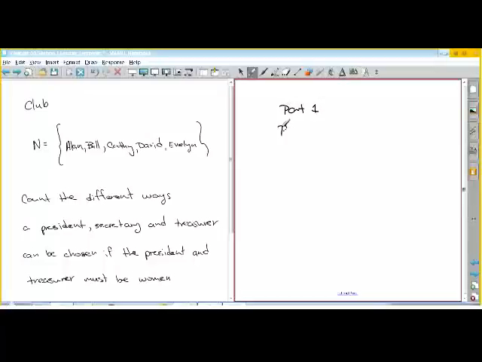So you'd have the same situation. You have part 1, you choose a president. Part 2 would be to choose the secretary. And part 3 would be to choose the treasurer.